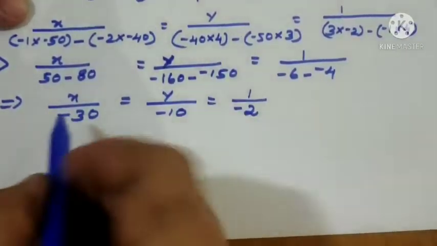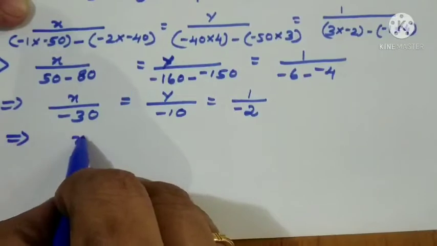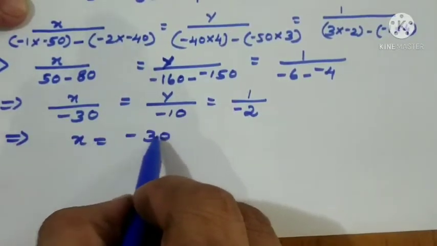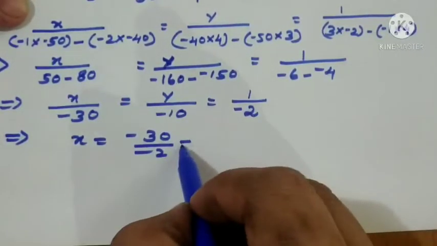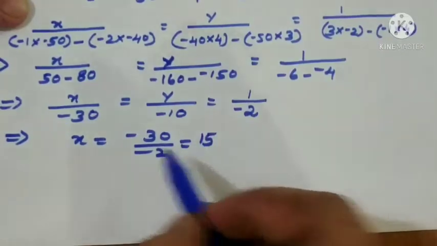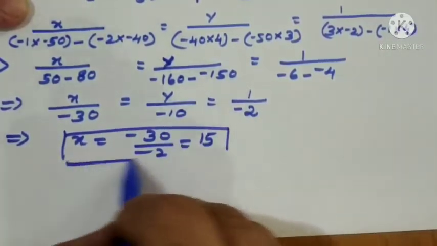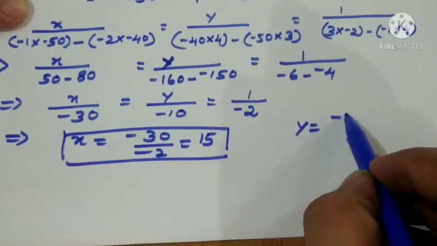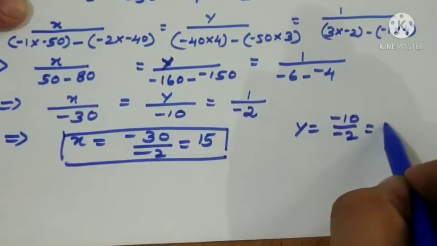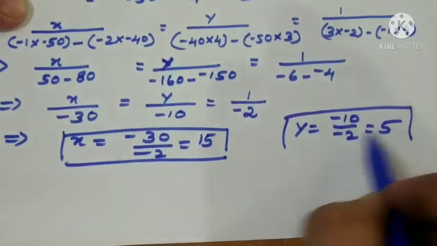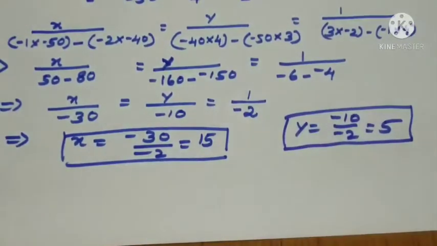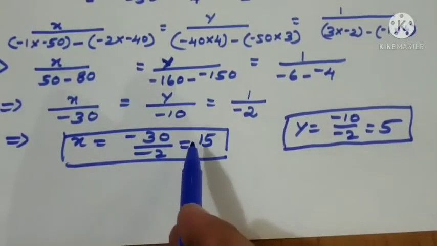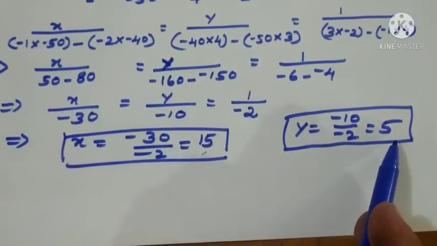From the first and the third ratio, what we can write: x equal to minus 30 divided by minus 2, that is equal to 15. So x value we got. Second and third ratio: y equal to minus 10 divided by minus 2 equal to plus 5. So what we got: the number of correct answers is 15 and incorrect answers is 5.